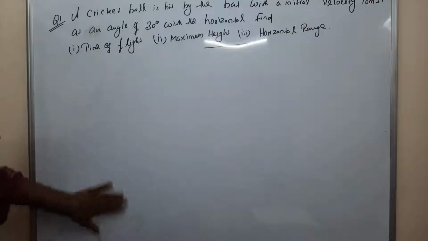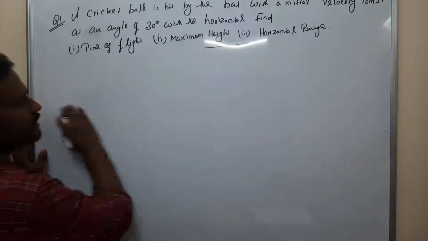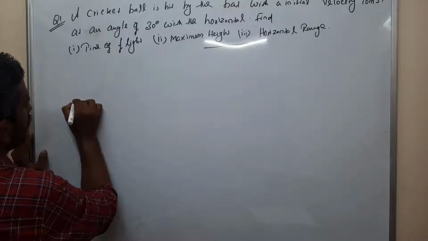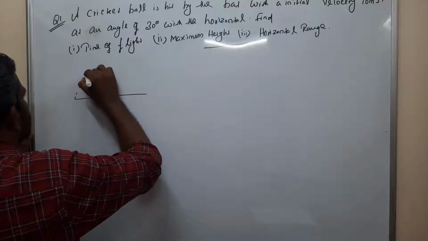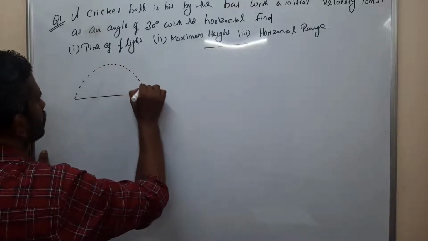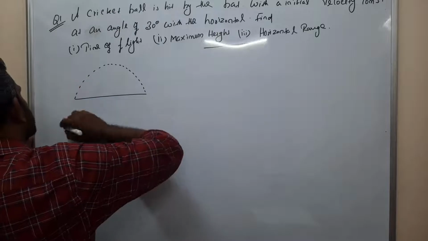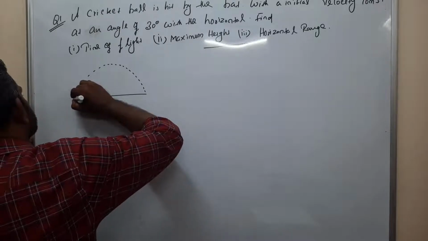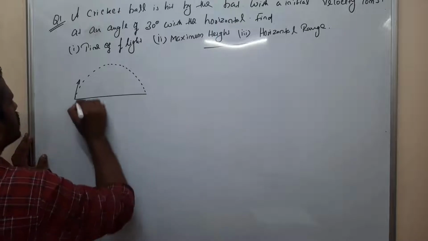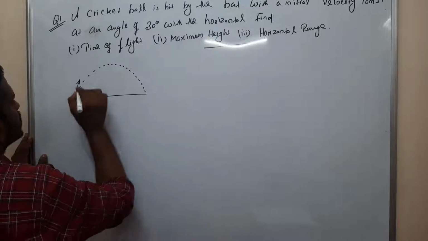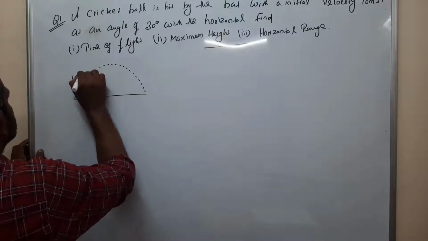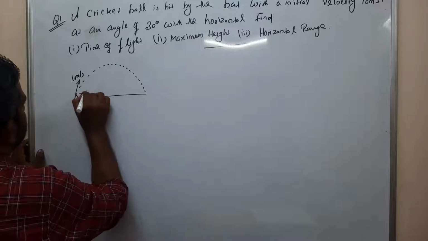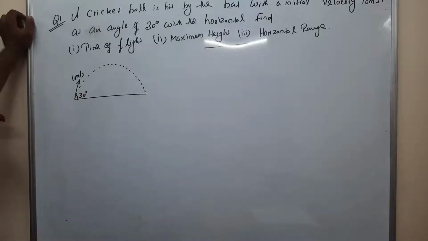So let us visualize the situation. A cricket ball is hit by the bat with the initial velocity of 10 meter per second at an angle 30 degree.